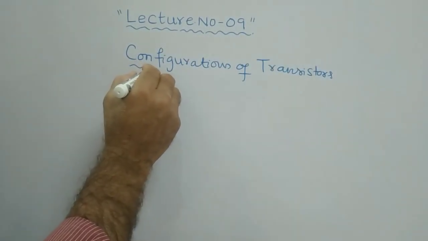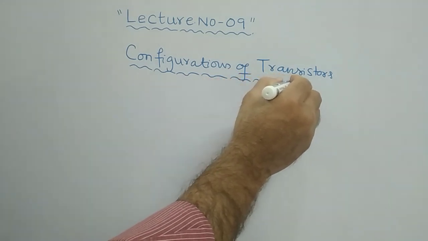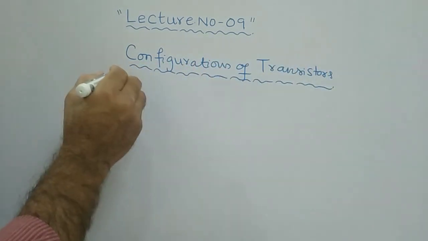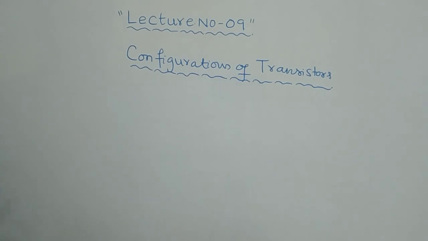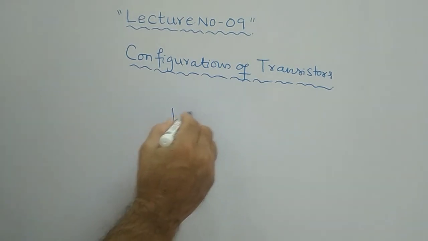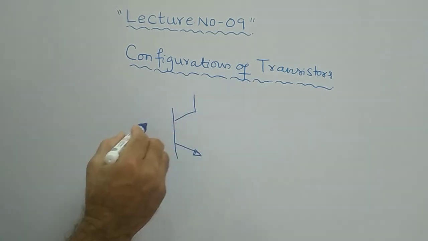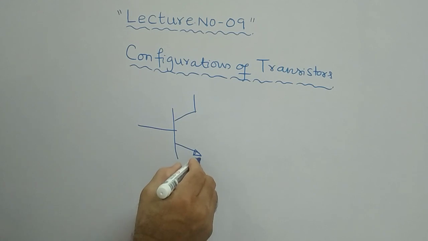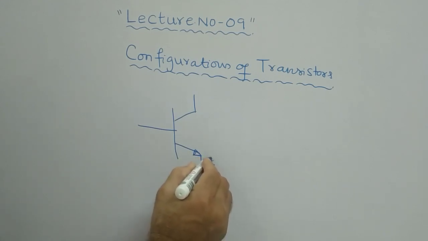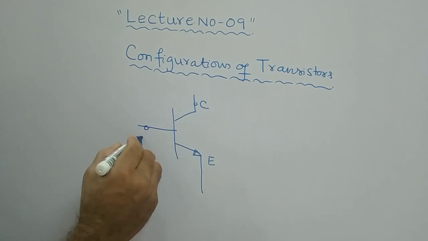So in the last presentations, if you recall, we have seen the basic information about a transistor, and how a transistor can be electrically shown like this. This is an NPN transistor. This is the emitter terminal, this is the collector terminal, and this is the base terminal.